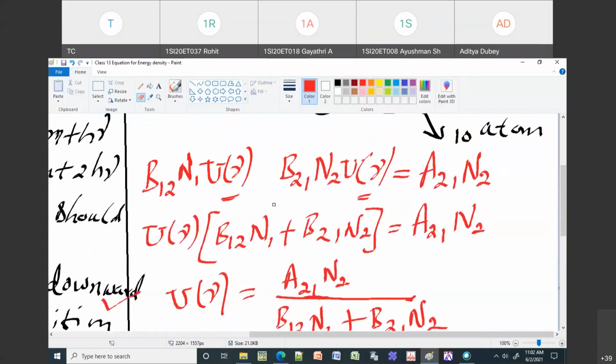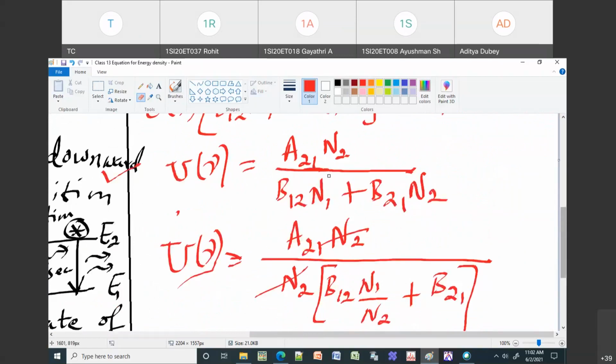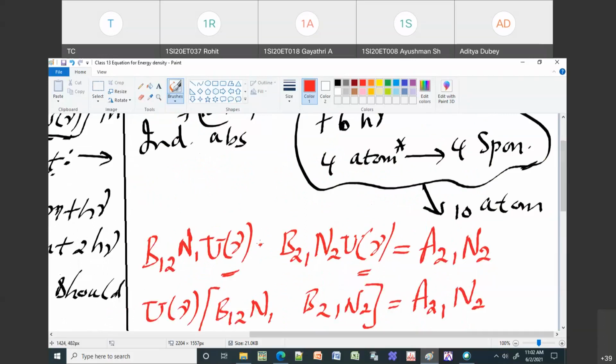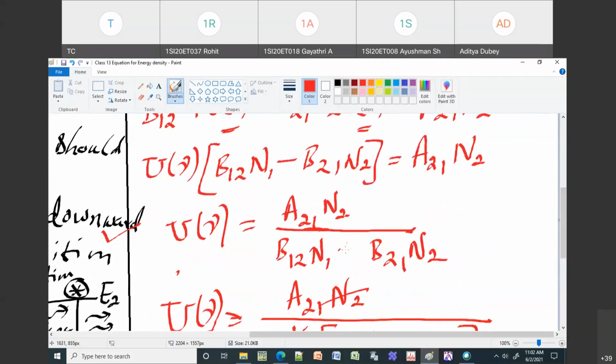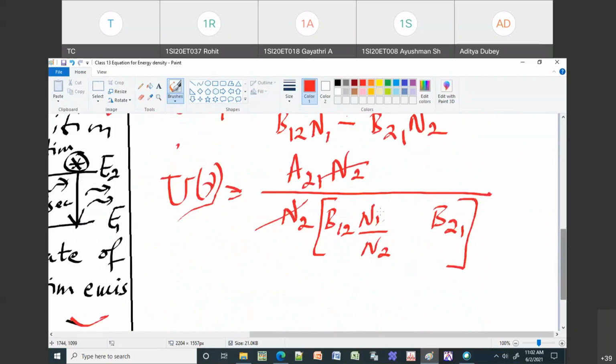This is minus, this is minus, this is also minus, and the last one is also minus. Okay, so I will make that correction. As you're taking it to the left hand side, this would become minus, and then again this will become minus. So I'm just writing that again, and then this is also minus.